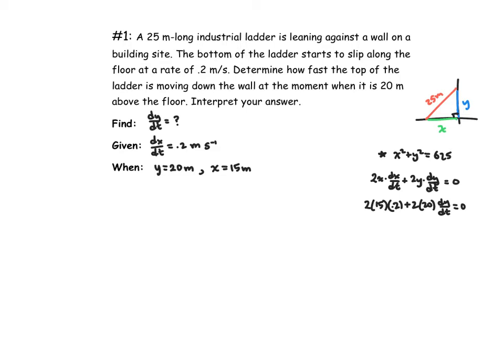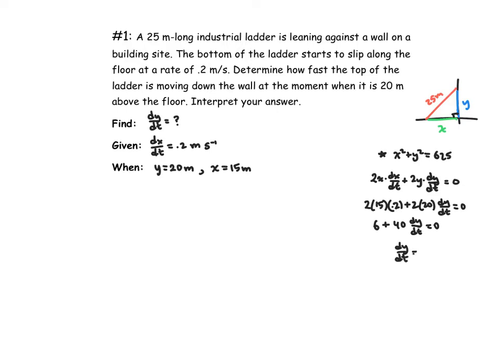Since the top of the ladder is coming to the ground, I know dy/dt should be negative. So I'm going to get 30 times 0.2, which is 6. Yeah, I believe that's right. 6 plus 40 dy/dt equal to 0. I'm going to subtract and divide.